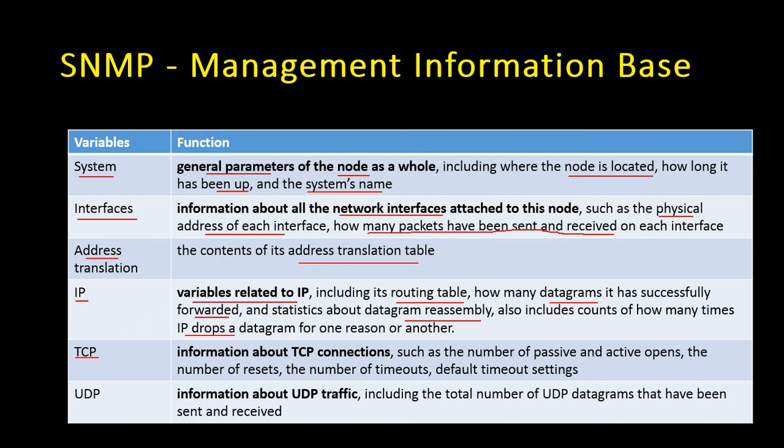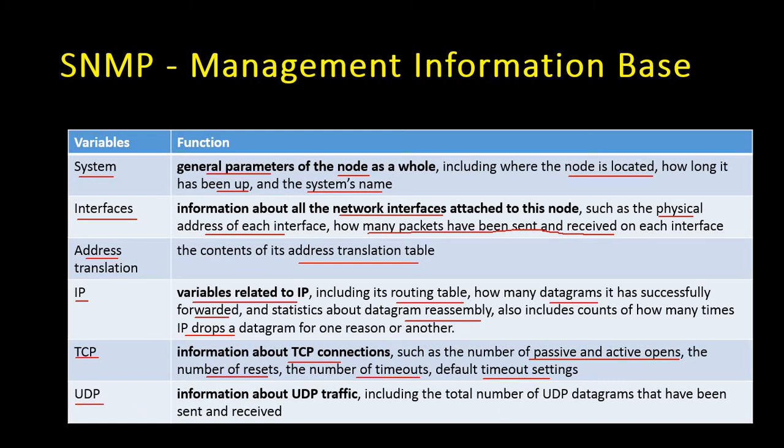All this information is stored over this particular variable. Now we have another variable, TCP. It holds connection information about TCP, such as how many passive or active connections have been opened, the number of resets, the number of timeouts, and the default timeout setting value.